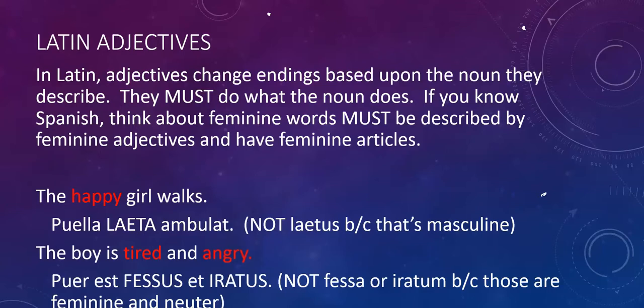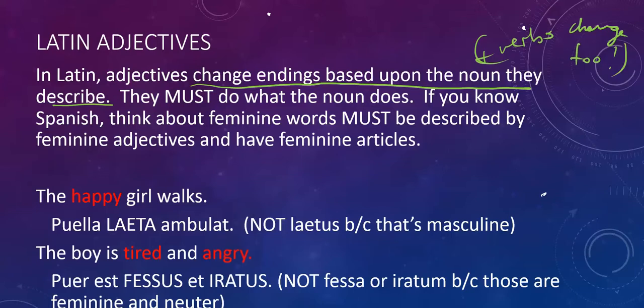In Latin, adjectives change endings based upon the noun they describe. This shouldn't surprise you, since we've seen that nouns and verbs change ending. Especially our nouns. They change to show us if they are subjects, direct objects, or part of a prepositional phrase.